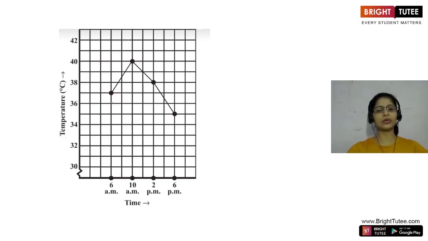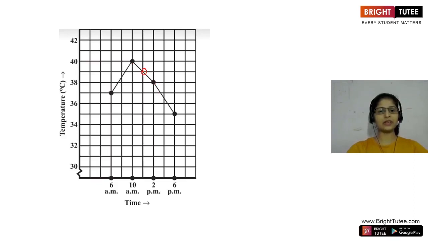So what we need to do, we just have to represent the information by the dots, and just join them. Now just see, between 10 to 2, like at 11 or at 12 or at 1, I am not given the temperature in the table, but I can say between 10 to 2 the temperature was, just see here, at 10 it is 40, and at 2 it is 38.